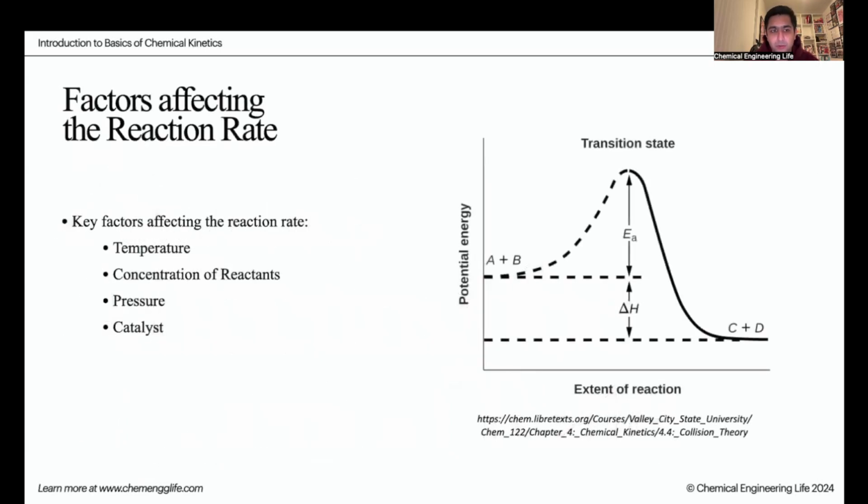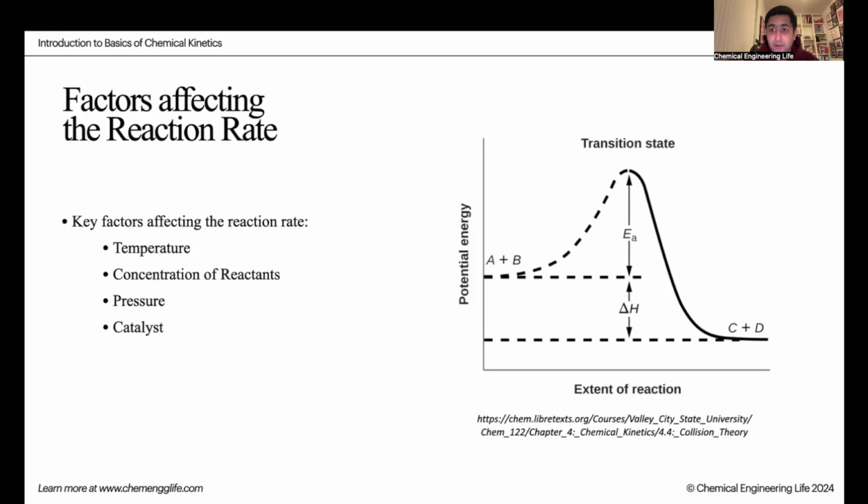There are multiple, because, as I've said, how reactions take place is merely just a collision path, right? You have multiple particles colliding with each other, and if they collide with the specific amount of energy in the right orientation, voila, you have your product. So the idea is that we would like to affect the probability of collisions as much as possible, right?